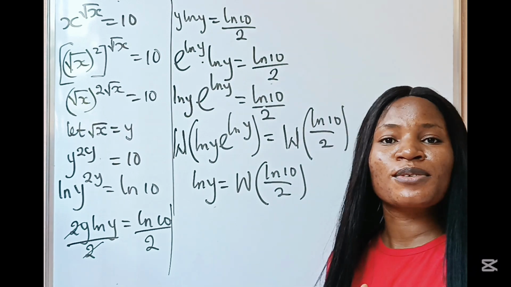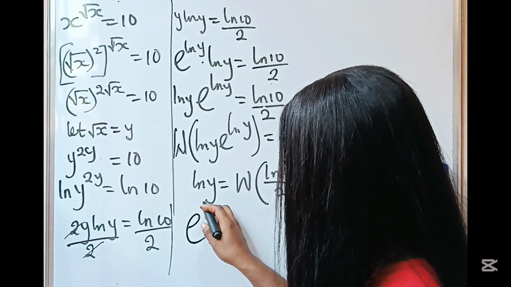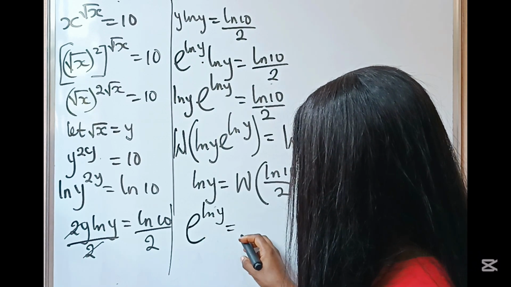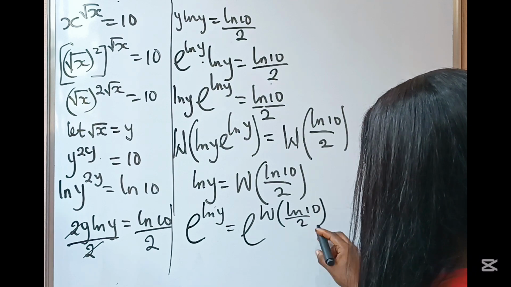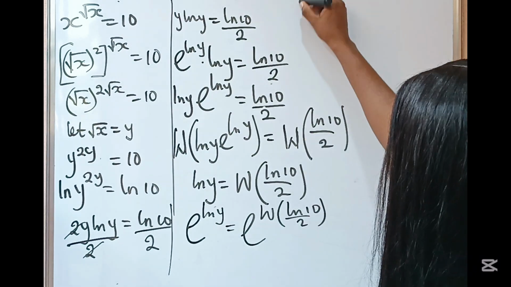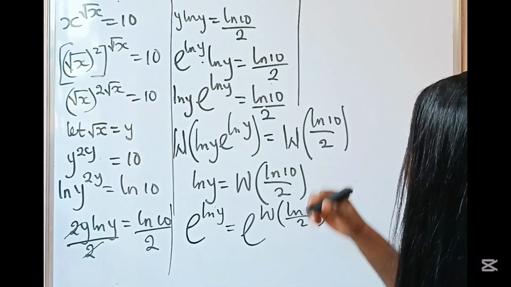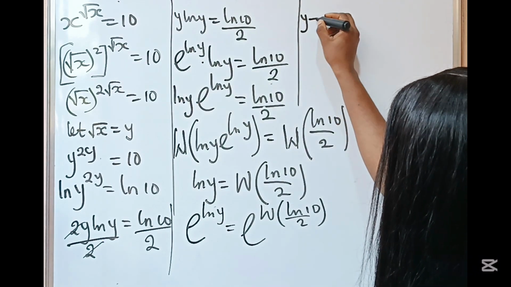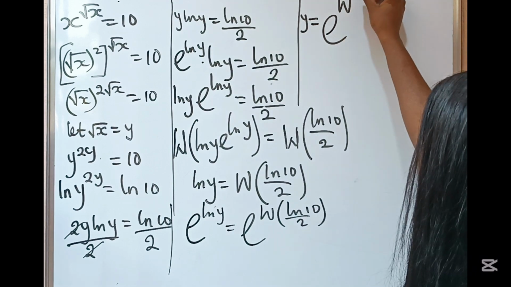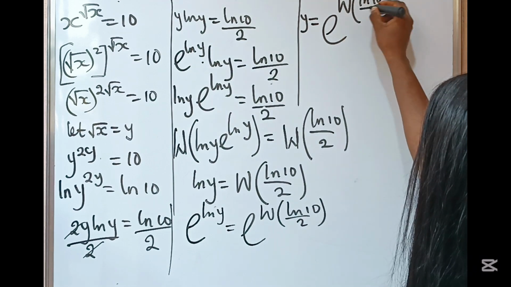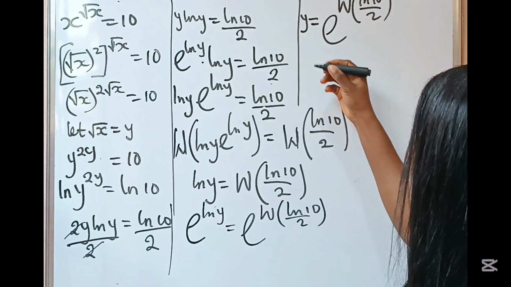Okay, all right, so we introduce e to both sides. e to the power of the Lambert W function of ln 10 divided by 2. All right, now having done that, we have y is equal to e to the power of the Lambert W function of ln 10 divided by 2. Hope you can still see this. Let me bring it down in case some of you can't.